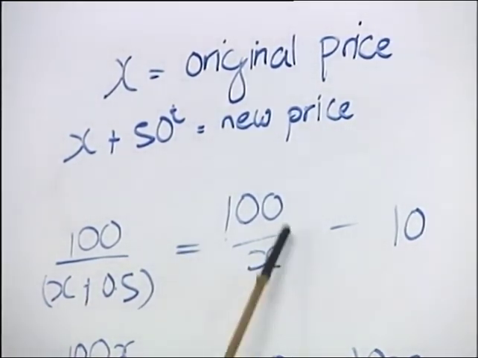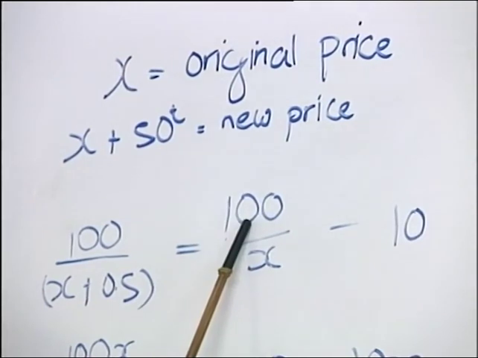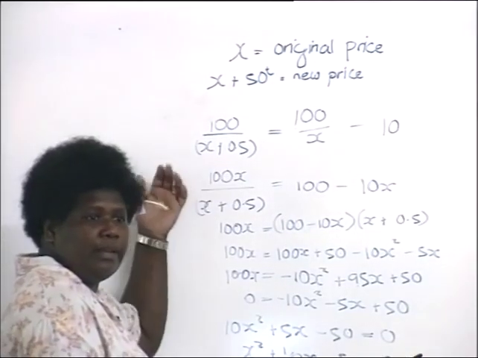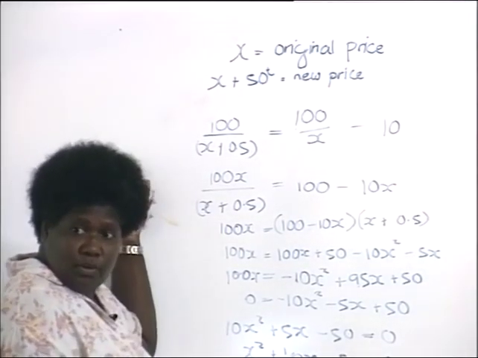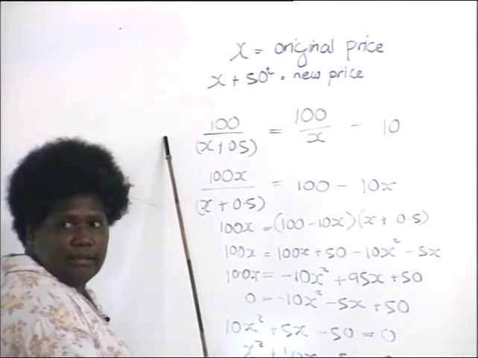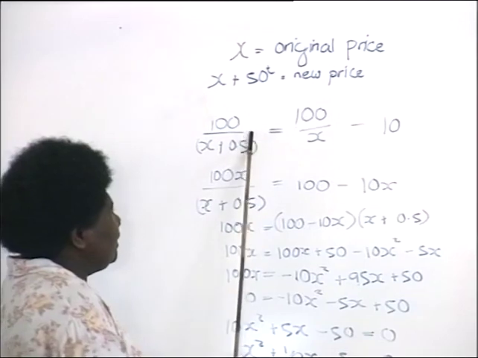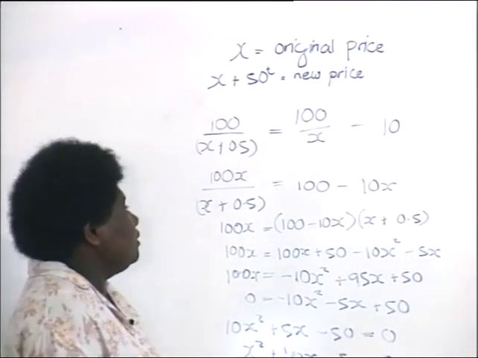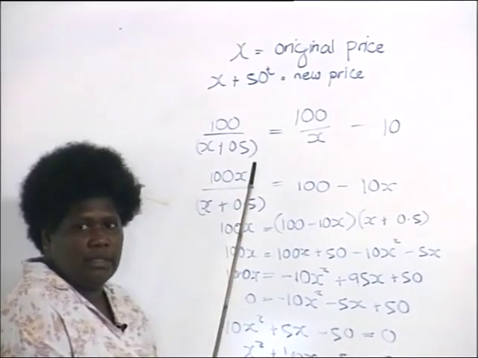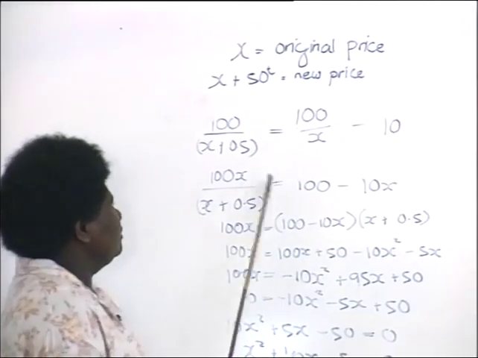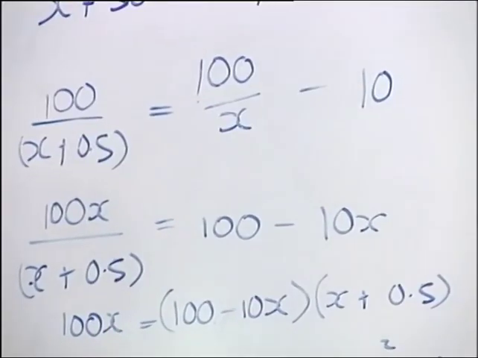So this price will be more, because when you divide a number by a number that is less, you will get more than if you divided a number by a number which is more. So that's why you have to subtract 10 here and not on the other side. If not, you can add 10 here and it will give you the original number of tickets, sorry. So is that clearer now? And then all he did was get the lowest common multiple and multiply.